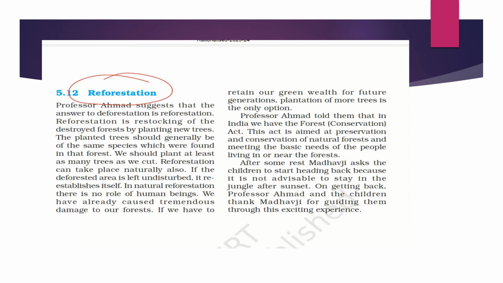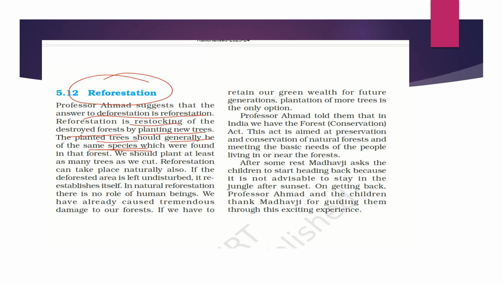So Professor Ahmed suggests that the answer to deforestation is reforestation, that is, restocking of the destroyed forest by planting new trees, and the new trees should generally be of the same species that have been destroyed or cut down. So we should plant at least as many trees as we have cut down.